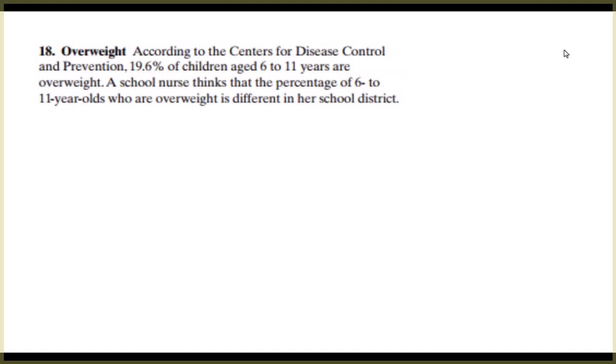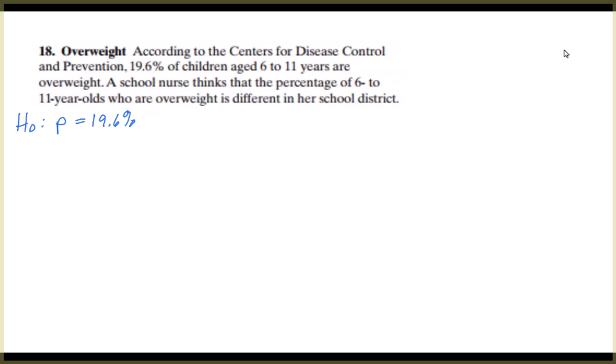Okay, according to the CDC, 19.6% of kids aged 6 to 11 are overweight. But the school nurse says, no, I think at our school it's different. When they throw the word different in there, you know right away they're talking about a two-tailed test. So our null would be, yeah, at our school.